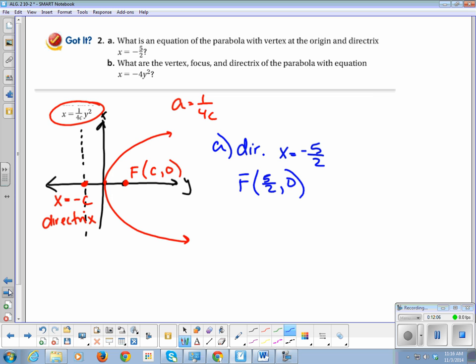And if that's the case, then our equation is x equals 1/4 times 5/2 y squared, which we can simplify to x equals 1/10 y squared.